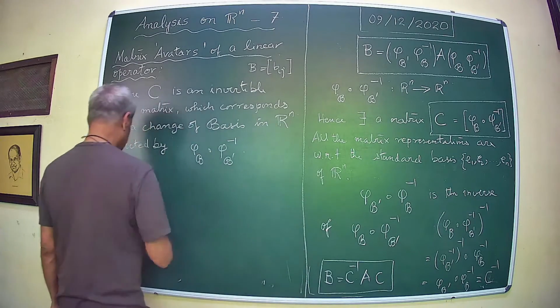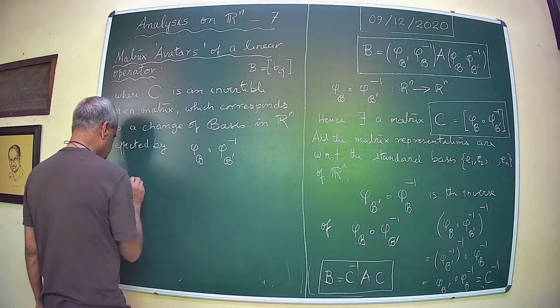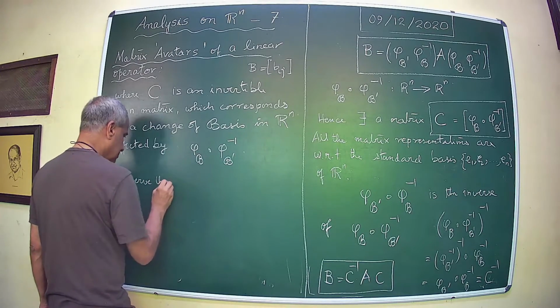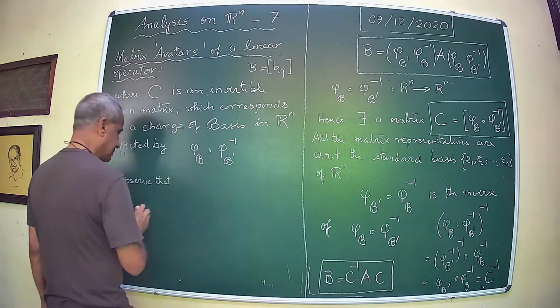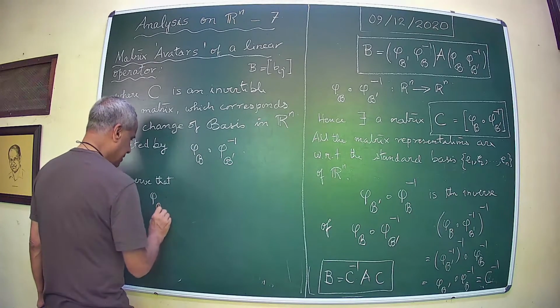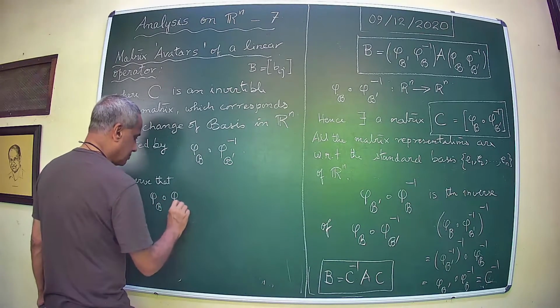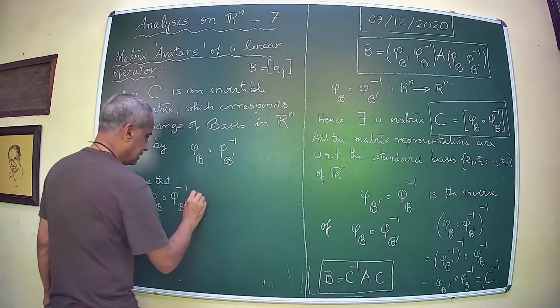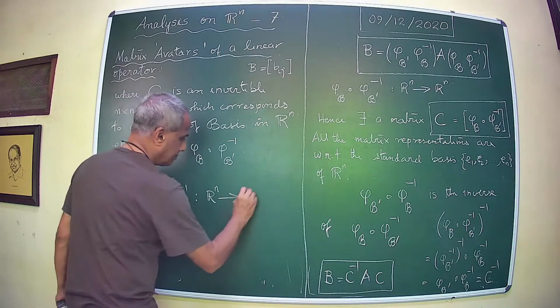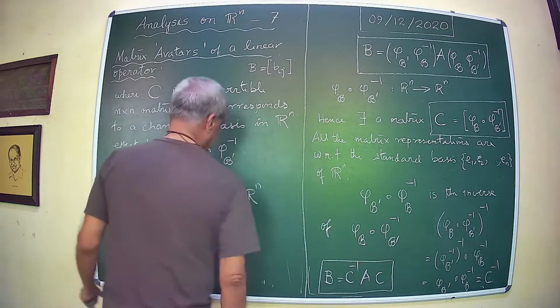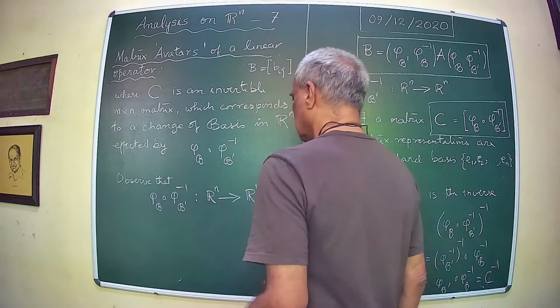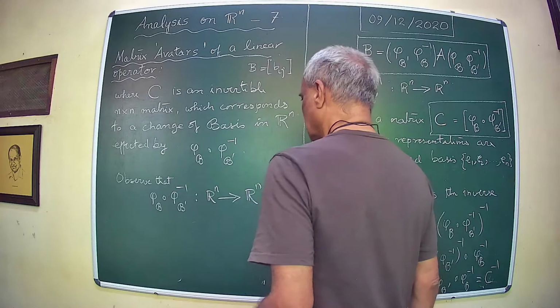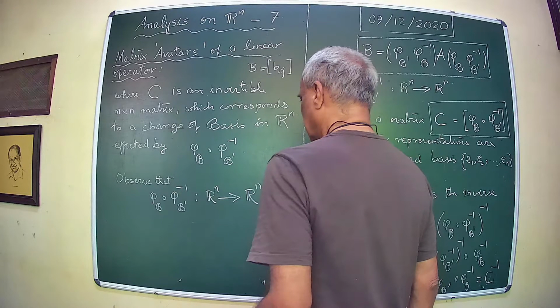Now you observe that, as we have seen, the identity composition phi b prime inverse is a map from Rn to Rn, and its matrix representation with respect to the standard basis is given by this. So this is what you get.